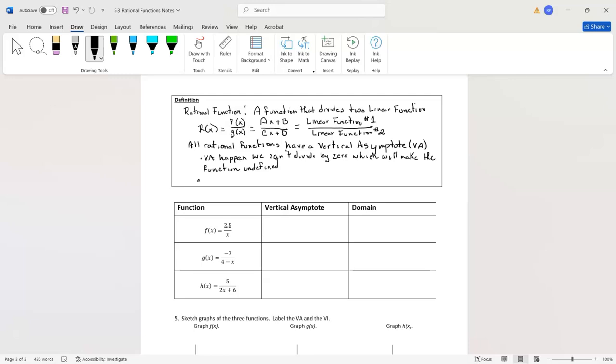And so that vertical asymptote is an imaginary line that the domain approaches, or that breaks up the domain, so when we draw this vertical line, we're breaking up left and right, so we're breaking up the domain.